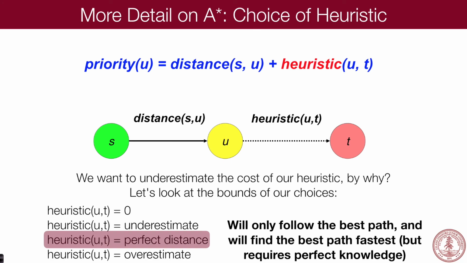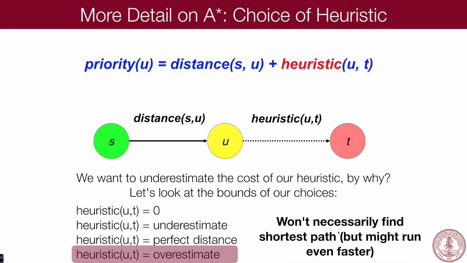Now, sometimes, if you overestimate, remember, you actually might not find the shortest path. You might find a path to get to the end that's not the shortest. By the time you dequeue something with the end node being the node you're trying to end at, because you've overestimated the heuristic, you may end up having a path that's not the shortest.